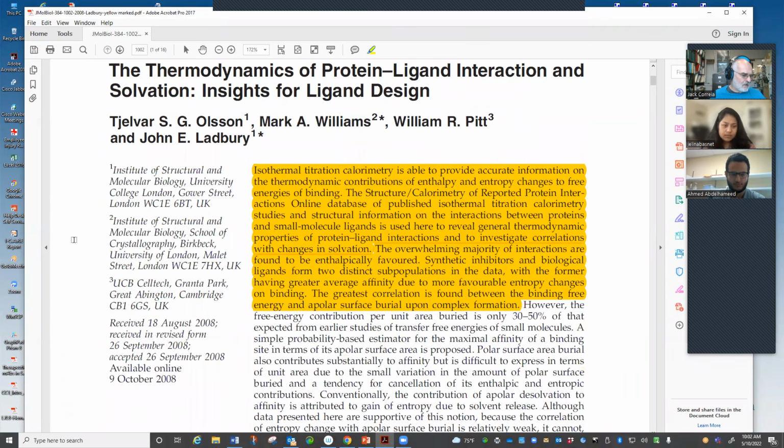So, John, I don't know how to describe John. John does sort of what I do, quote unquote. We're biophysical chemists, we're biophysicists.